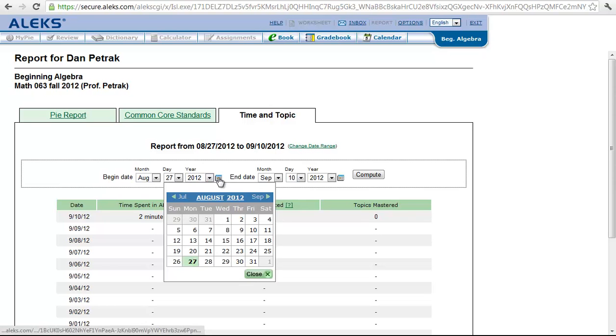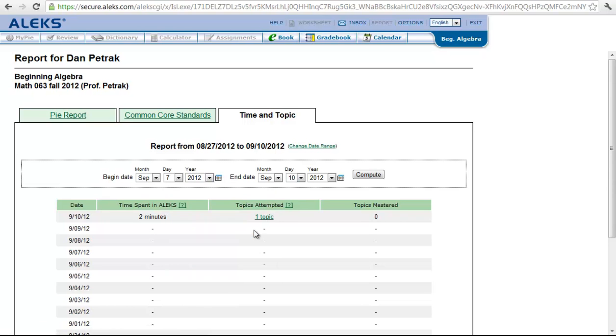So if I click here, I could click September 7th, and then I could go through the 13th. There, and then I hit compute, and that'll tell me how many minutes I've worked over that time interval. So you can always keep track for yourself. We always go from Friday to Thursday.